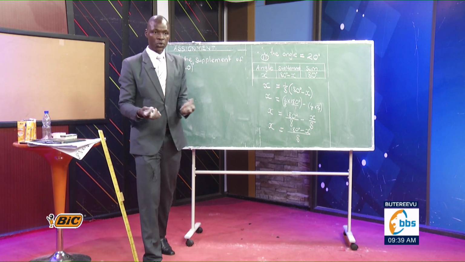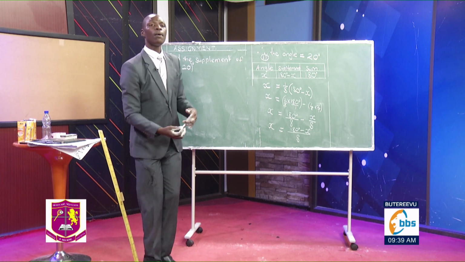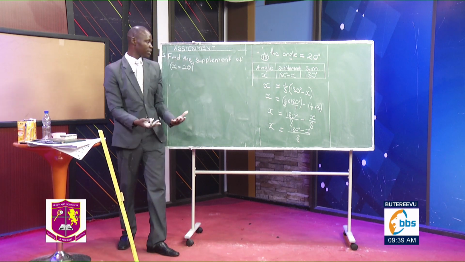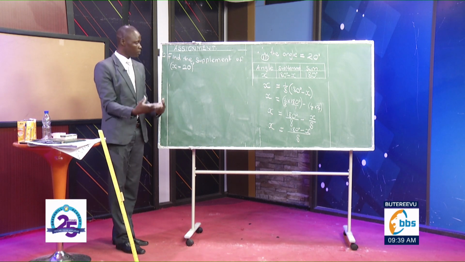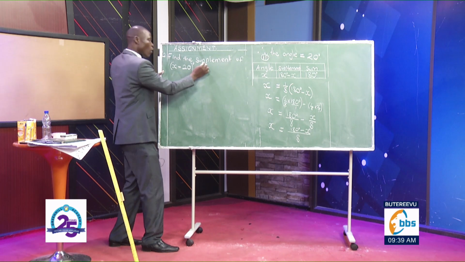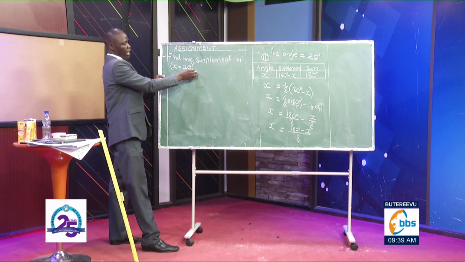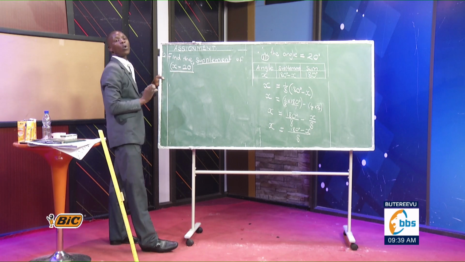There are those ones who use the method of letting. Yes, you could have got the right answer, but I will use the easiest. And perhaps I will also use yours, and we see. So we normally say, if we already know the angle, find a supplement. We need the supplement of this angle.